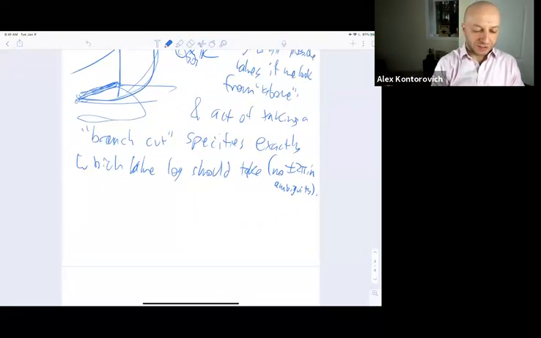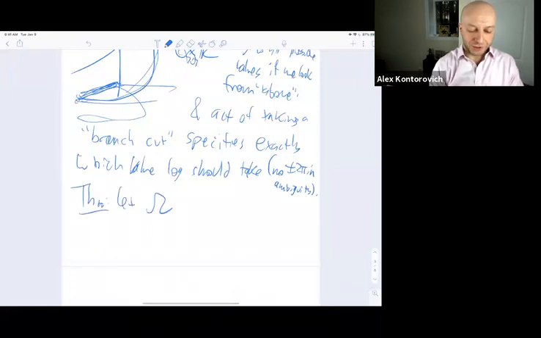So in a similar way, here's another similar theorem. Let a region omega be simply connected. Let me say something else first.